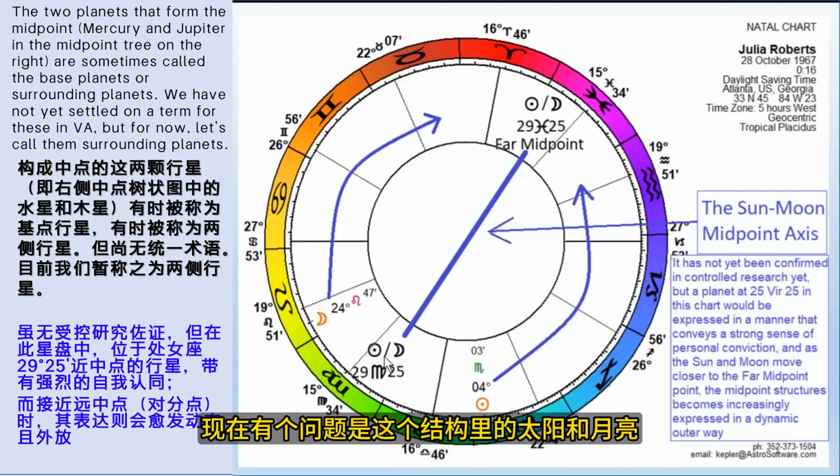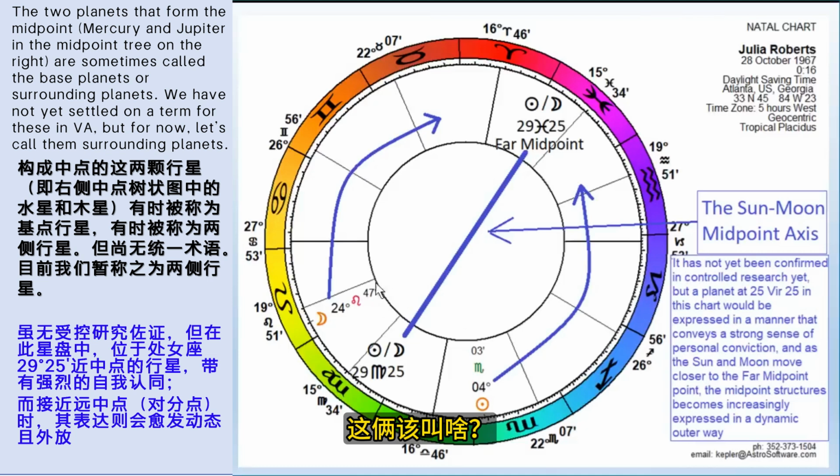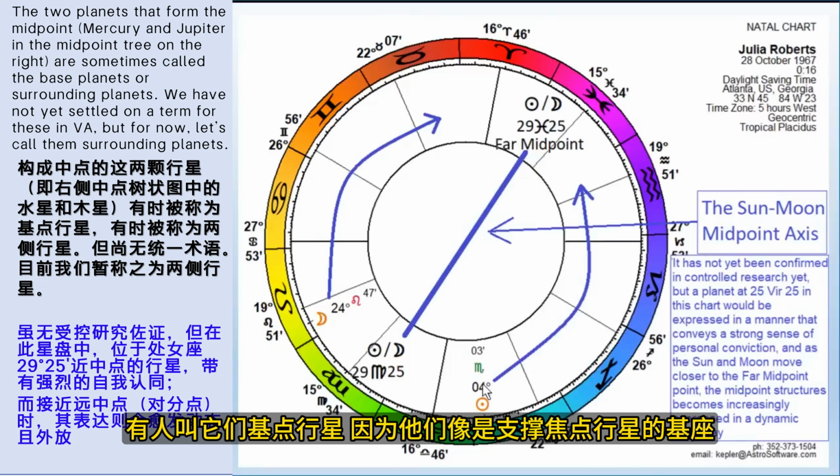What we do not have is clear and consistent terms for the Sun and Moon. This is a question that's come up from some of the Astrology DC subscribers who've already watched the videos. It's like, what do you call those? Well, there are different terms. I've heard people call them the base planets, like they're the base as opposed to the focal planet.